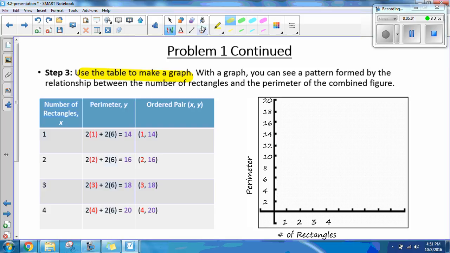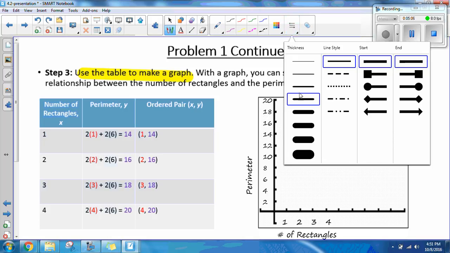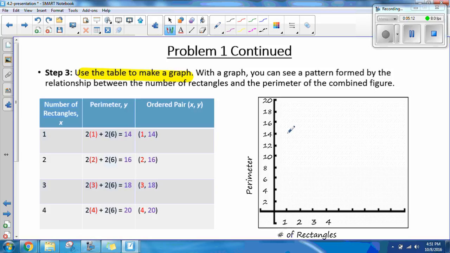Now we can graph our points. 1 is at 14, 2, 16, 3, 18, and 4 at 20. Notice that these dots create a line. This is a linear function.